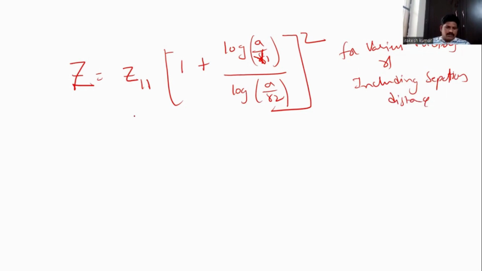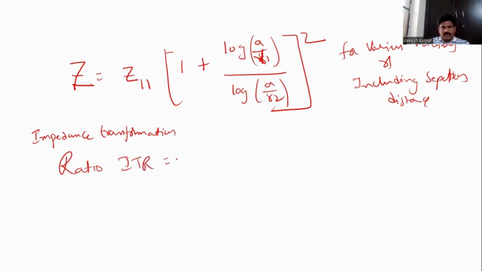There is one factor called the impedance transformation ratio, that is ITR equal to Z by Z11.